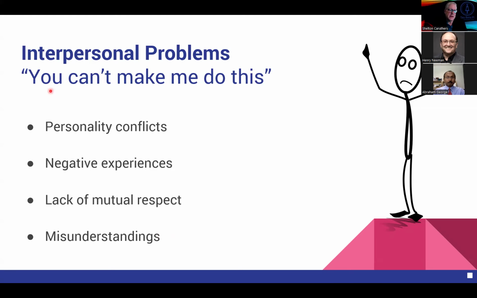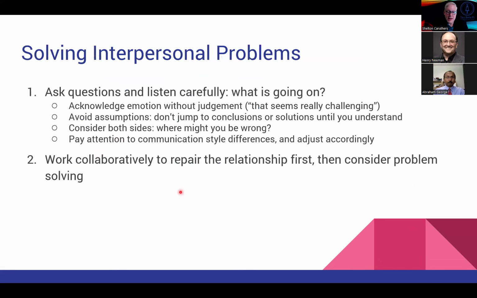So again, the interpersonal problems are "you can't make me do this," and can range quite a bit and can involve some emotions as well. So solving interpersonal problems is a little bit more difficult. But again, as with all of the others, it starts with listening carefully to know exactly what's going on.